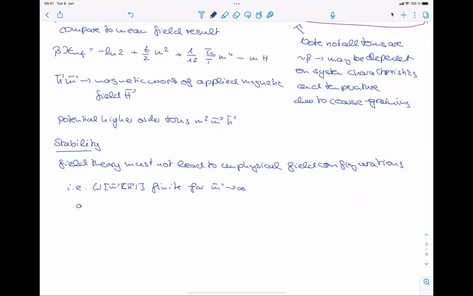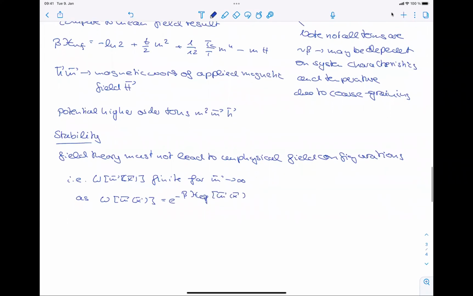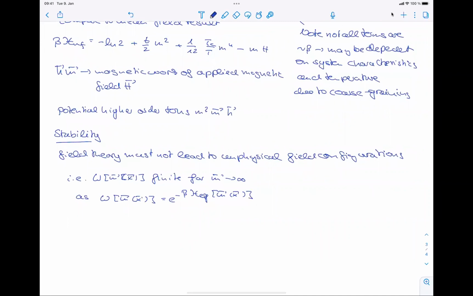And as we can think of it, the weight is defined as e to the minus beta of my effective Hamiltonian, we can see that the highest order power needs to have a positive coefficient so that the weight decays to 0.